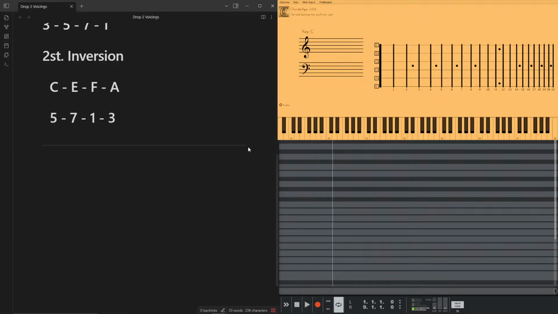Anyway, now that we have had a chance to look at some basic inversions, we want to make some two-handed voicings.